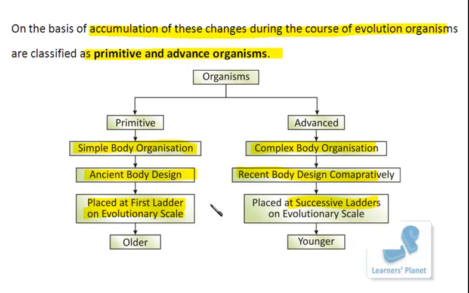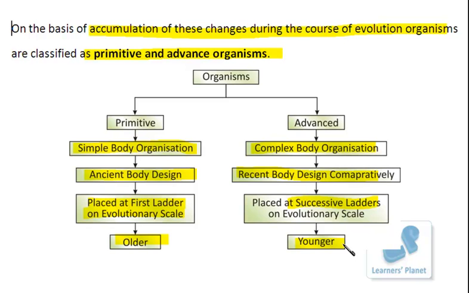So from this comparison, you can say easily that the organisms that are ancient and simple, or primitive, must be older. They must have arisen earlier in this evolutionary path. And the organisms which have complex body designs must be younger as compared to the older forms, or the primitive organisms. So this is a simple comparison.